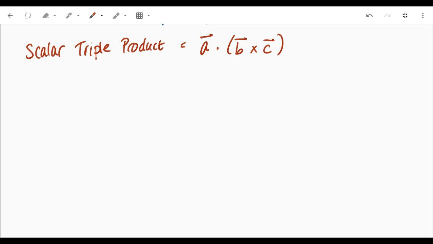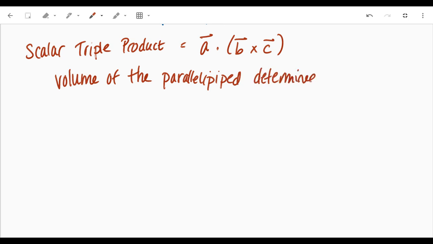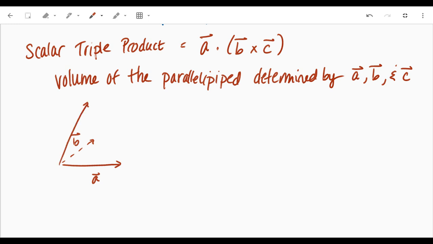This is the volume of the parallelepiped determined by A, B, and C. So that would be if we had like A, B, and then maybe C. I didn't want to make it too right angular.